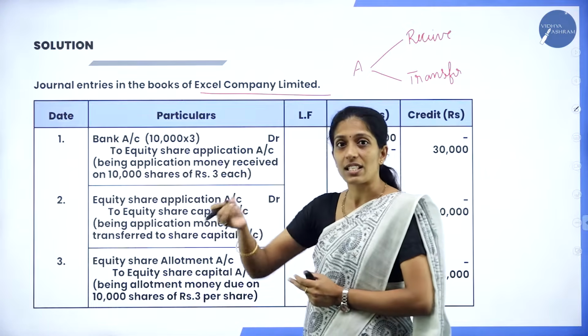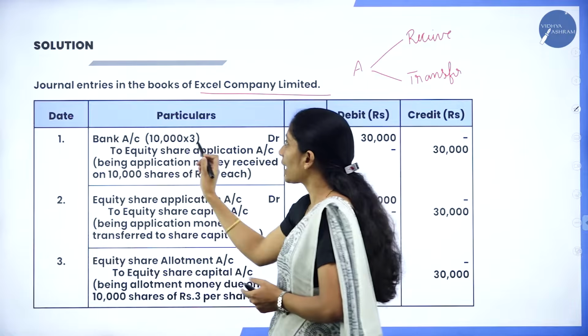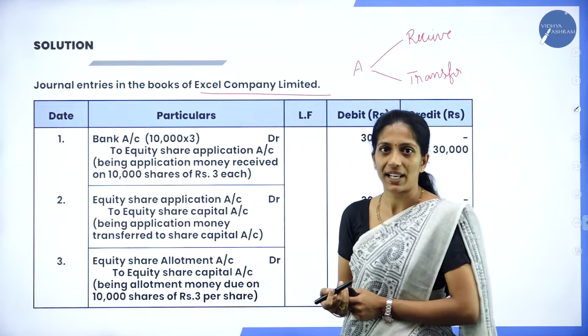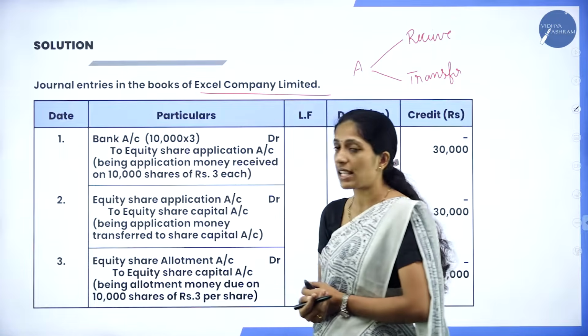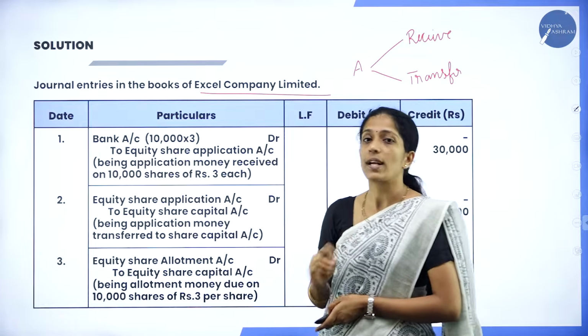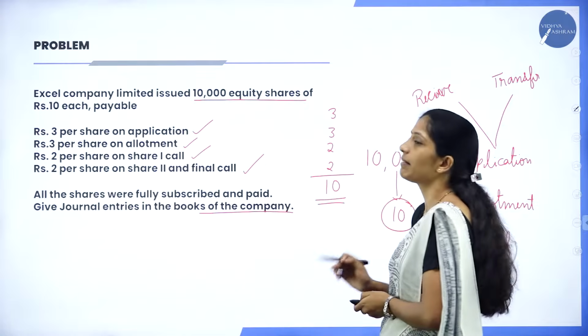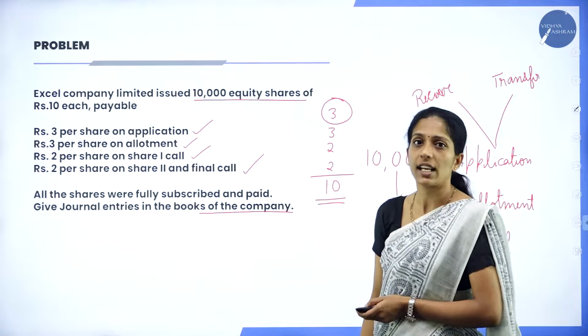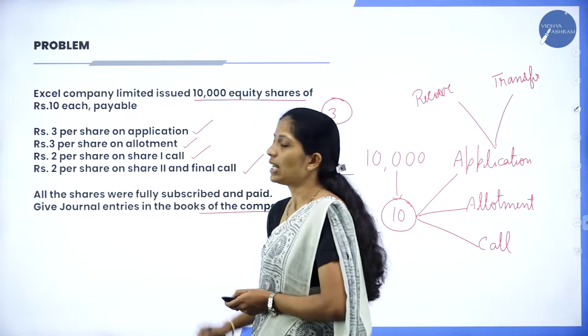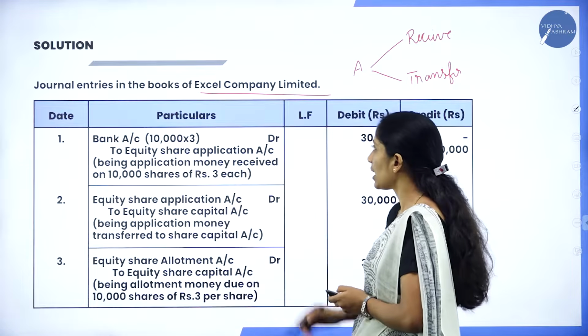First entry is to receive the application money. So bank account debit to equity share application account. Write the narration: being application money received on how many shares? What is the number of shares? That is 10,000 shares of rupees 3 each. That is the application money, rupees 3 each.